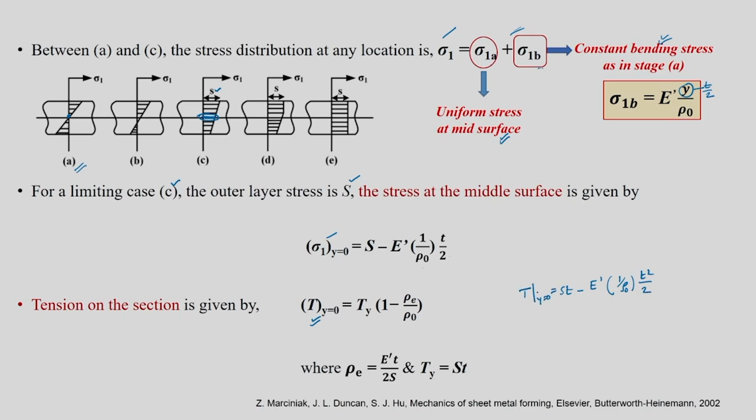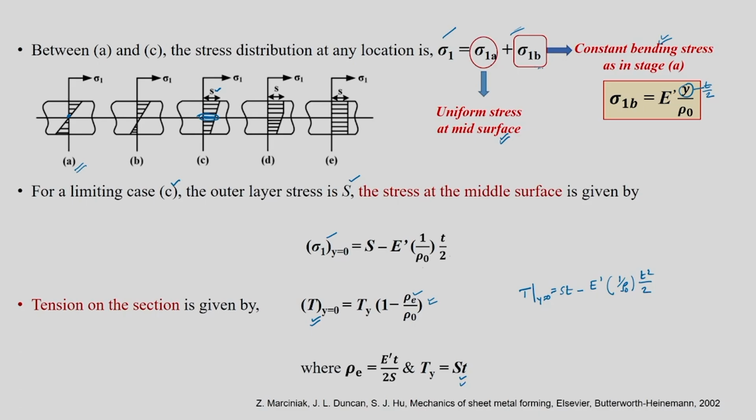This is what I should get. You can simplify it in this fashion and you will get Ty into 1 minus rho E by rho naught, where rho E is nothing but E dash T divided by 2S, and Ty is nothing but ST.